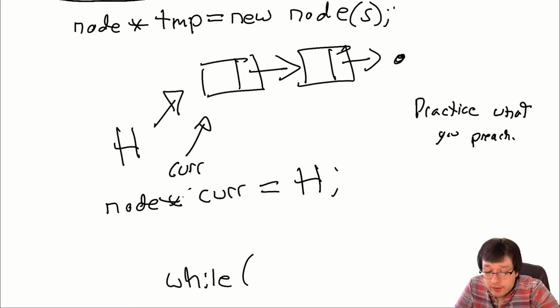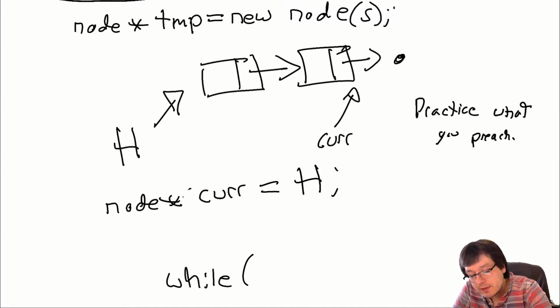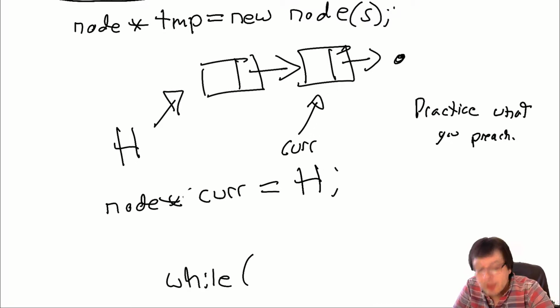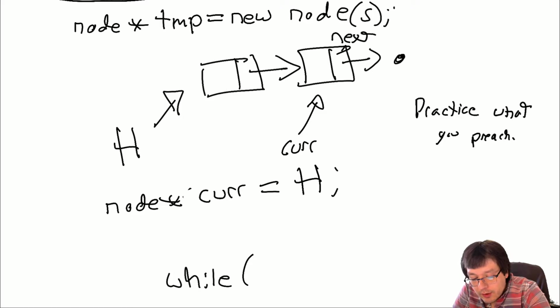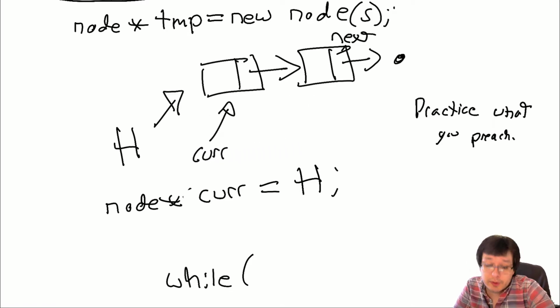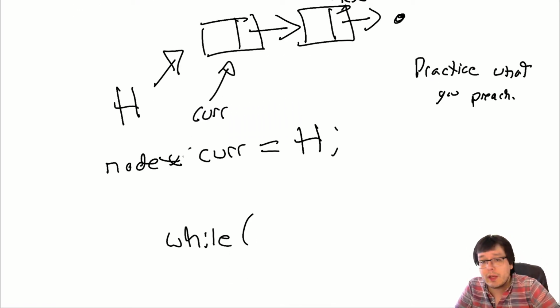Cur is equal to head, so they're both pointing there. Now we're going to manipulate the cur pointer so that we slowly move it to the end of the list, so that it's pointing to this node, because that's what we want. If it's pointing there, then we can access the next pointer by saying cur next. Or we could access the data, if we were looking for something, by saying cur data. That's why we're making a copy, because we don't want to break the head pointer. So that's why we have this line.